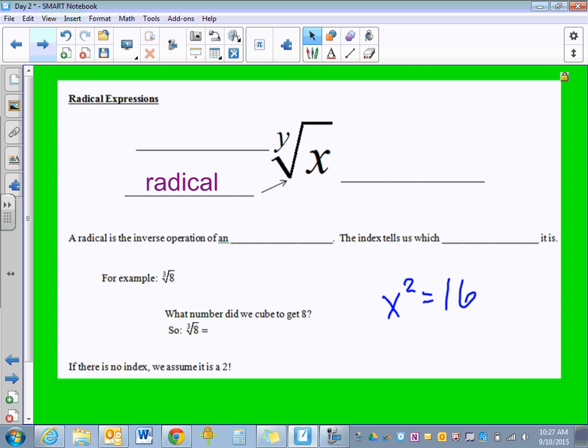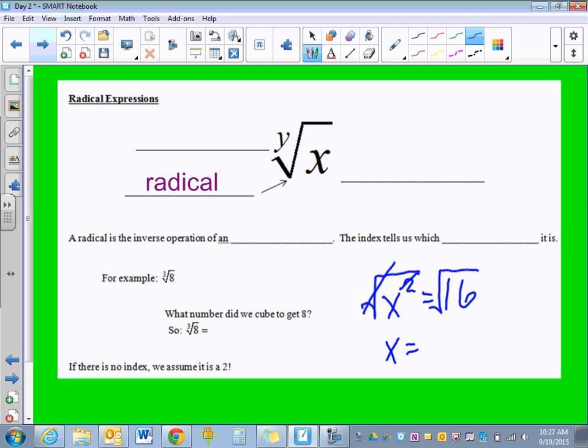What this radical does is it does the inverse. So when I take the square root of both sides, what I'm saying here is, what number can I multiply by itself to get 16? And Joe, what would that be? Good. So the square root cancels out my squared, and I have x equals, square root of 16 is 4.